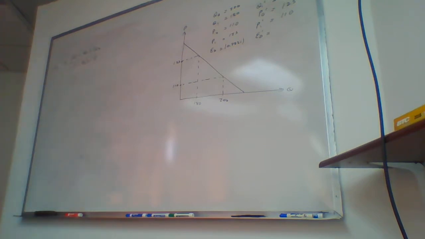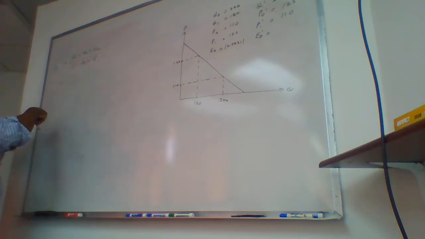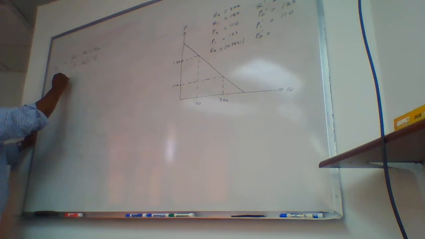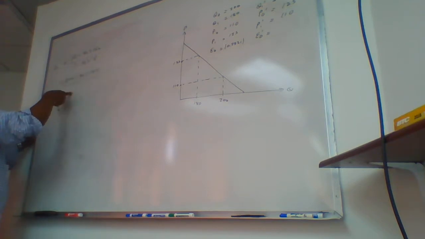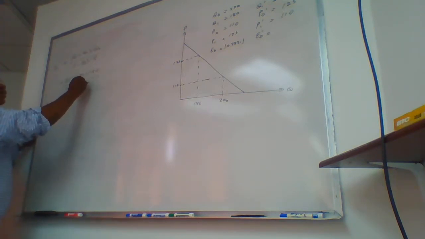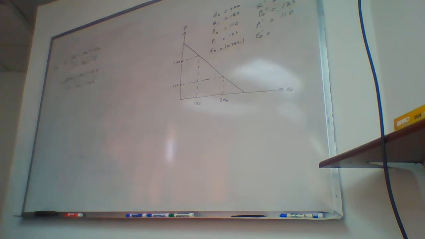Yes? All right, so can we plug and chug? Q1 is what? 200. Q0 is 180. So 200 minus 180 divided by 180 over P1, which is 110, minus 125 divided by 125.